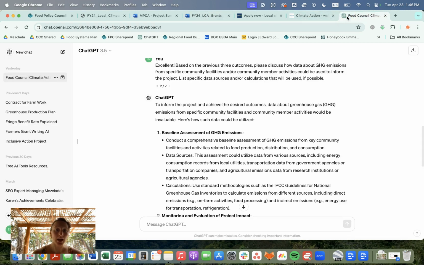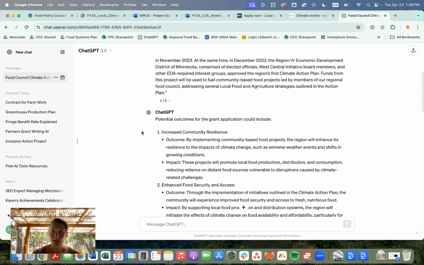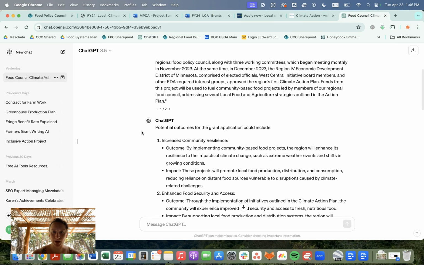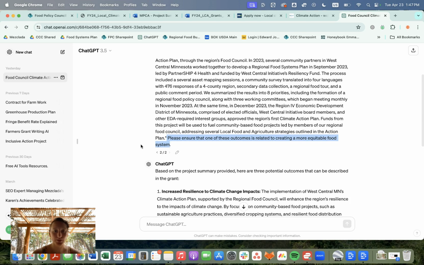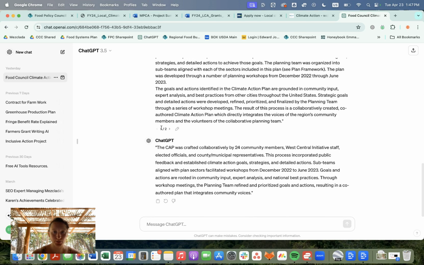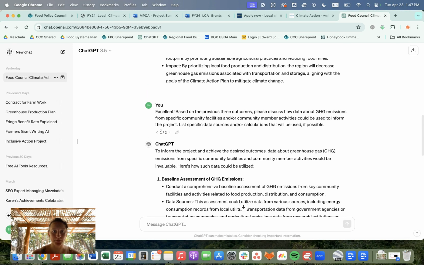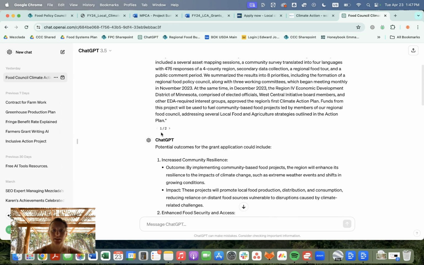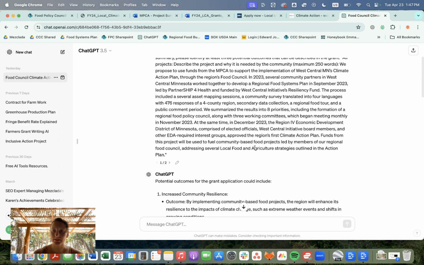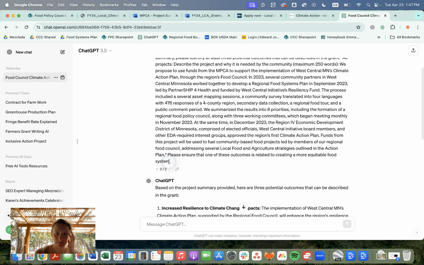So with that, I decided to give it some more feedback. This is what I wrote. So you'll see, right, I can toggle between the first one and the second response that it spit out. The second one, I've added this sentence at the end, let's go back to 2, where it says, please ensure that one of these outcomes is related to creating a more equitable food system.